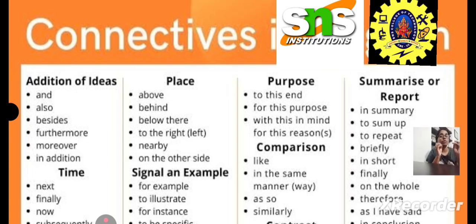For example, if I were rich, I would help the poor. I would help the poor is a complete sentence which gives you a meaning. If I were rich depends on the other sentence. So if is the condition, and it connects the main clause and the subordinate clause. I hope you have understood.